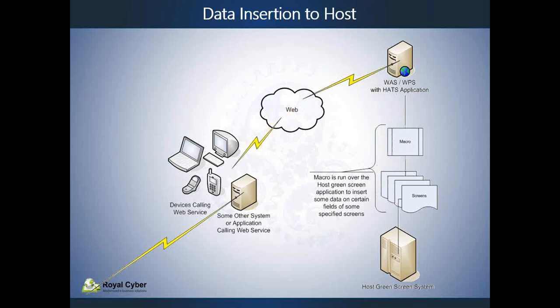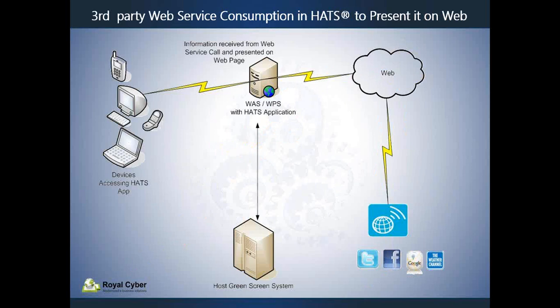Now let's see another scenario. This is a scenario to show how a third-party web service can be consumed in a HATS application. Users are using a HATS application from any web-enabled device. They reach a situation defined as a trigger to call or consume a third-party web service. So the HATS application calls a web service from a defined outer system.